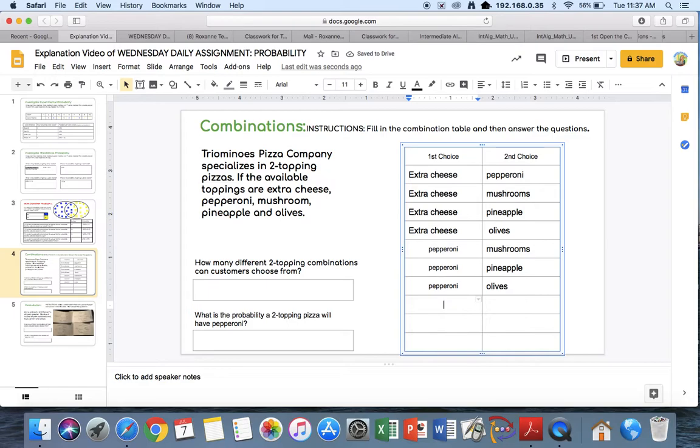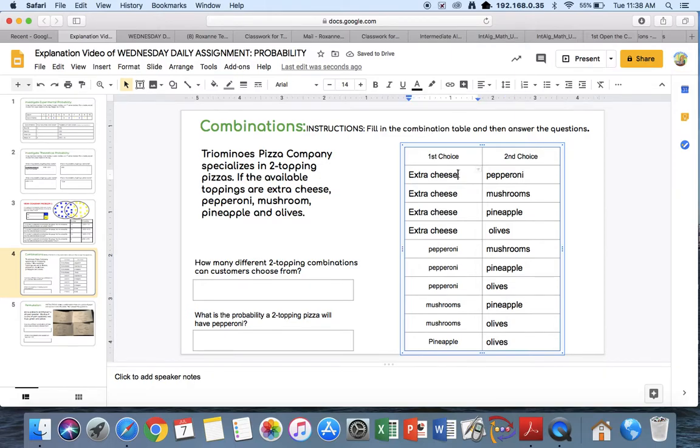All right, or the next choice we could have is mushrooms and pineapple. We have mushrooms or olives. Okay. Or the next one, we could have just pineapple and olives. All right, so those are the combinations we could have.